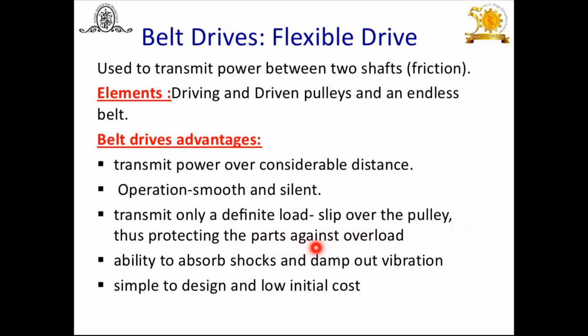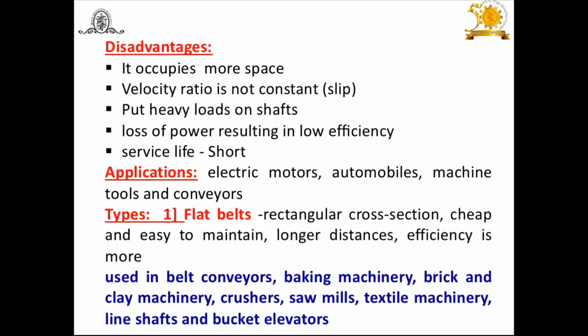But in some applications, slip is a disadvantage or limitation of the belt drive because it doesn't provide a constant velocity ratio. Another advantage is the ability to absorb shocks and damp out vibrations. And last, belt drives are simple to design and have a low initial cost compared with other drives.